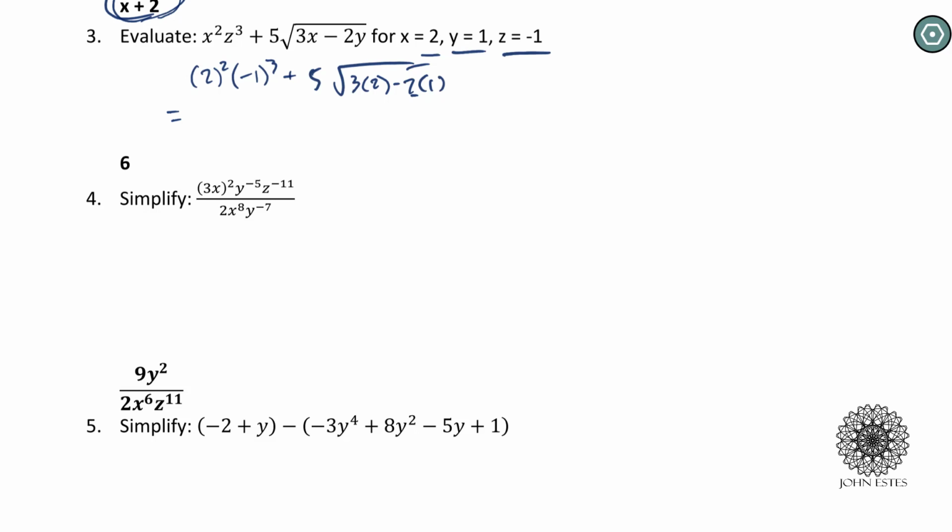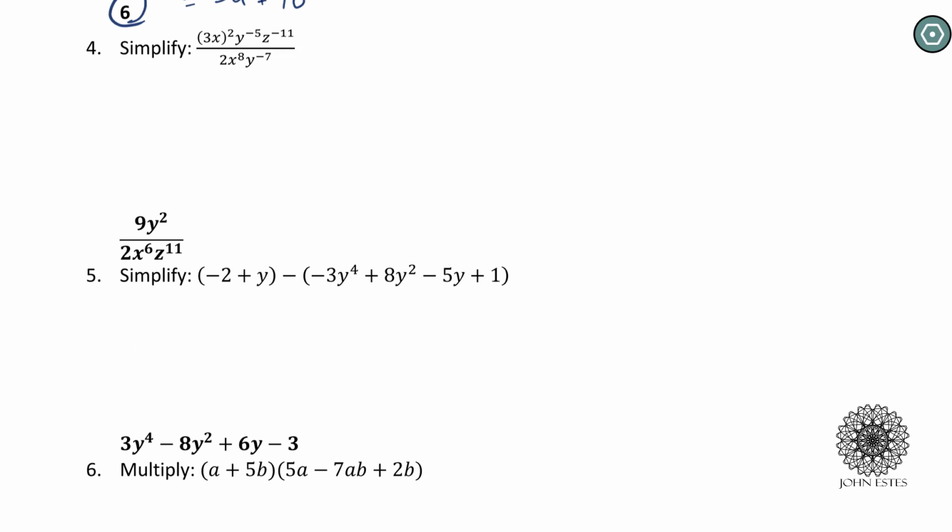That's 4 times negative 1 cubed, which is negative 1 times itself 3 times, so I end up with negative 4. 5 times the absolute value of, that would be 6 minus 2, which is 4. The absolute value, I said absolute value means square root. The square root of 4 is 2. So here I end up with negative 4 plus 5 times 2, which is 10, end up with 6.